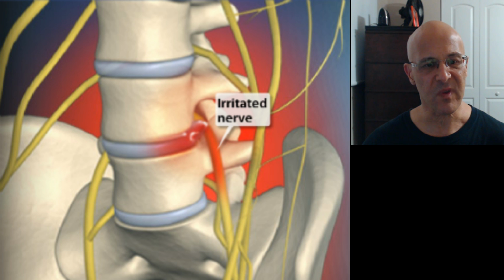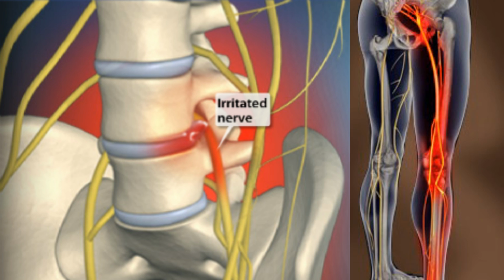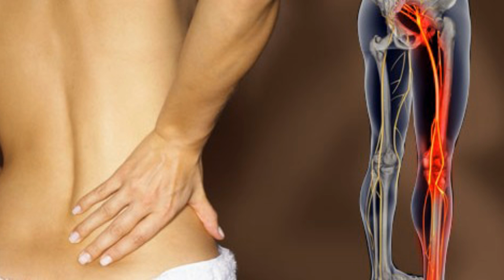So if we get into a little bit about what's going on here, it gets a little complex, but as you can see, quite commonly, millions of people are going to have back pain, and because you have sciatic pain, it can come from different areas.